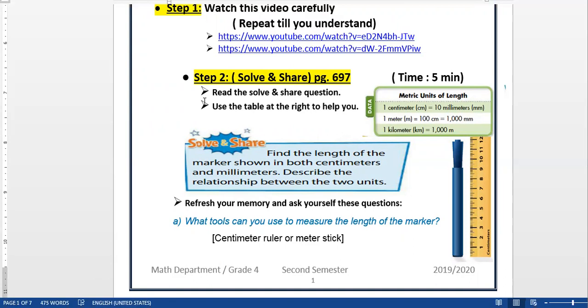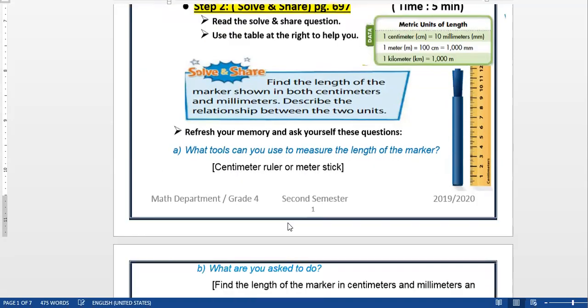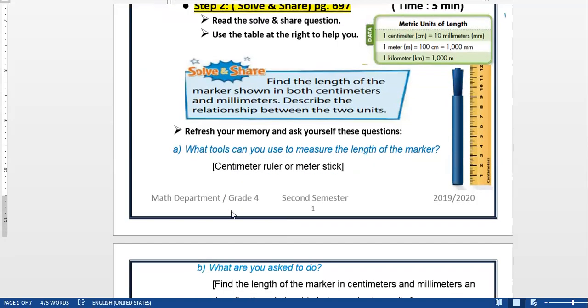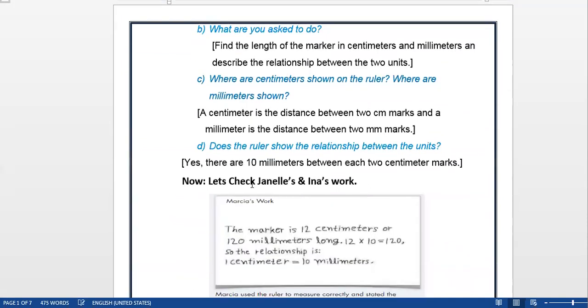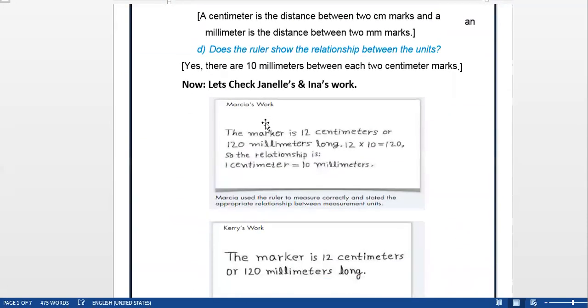Okay, welcome back. Have you found the length of this marker? Let's check if your answer is correct.